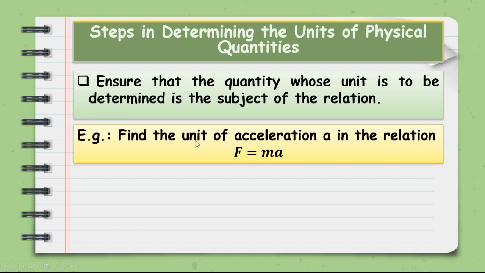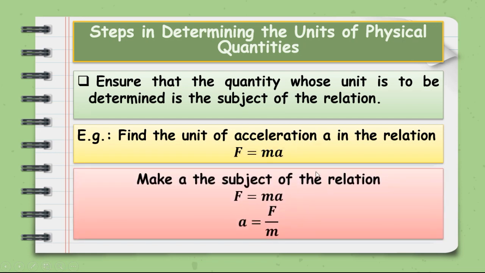But we have to find the unit of the acceleration a. So in light of this step, you have to make a the subject of the relation, because that is the unit you are looking for. You do so by simply dividing both sides by m, and you arrive at a being equal to force over mass. So that is the first task. Make sure that the quantity whose unit we are trying to find is made the subject. So that's what we have done.